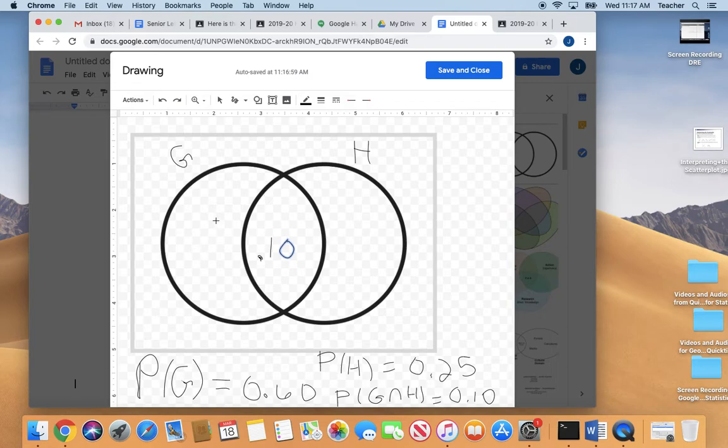Then that lets me figure out what goes over here in G. Okay. So if the probability of G is 0.60, this 0.10 is part of this circle of G. So what's left over to go here is 0.50.